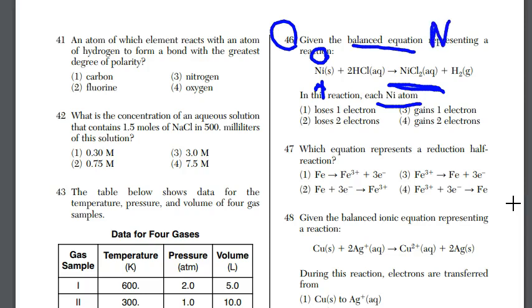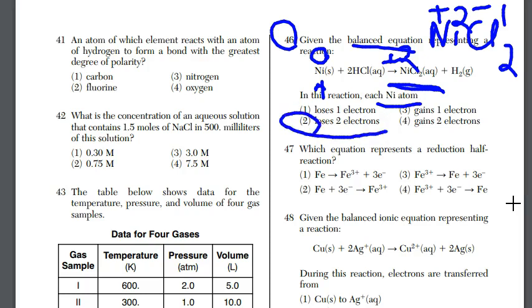You have NiCl2. The chloride ion is going to be -1, and you have 2 of them. That makes nickel +2. So the oxidation number went from 0 to +2. It became more positive. Why? Because I'm losing negative charges, or losing electrons. Your answer there is choice 2.